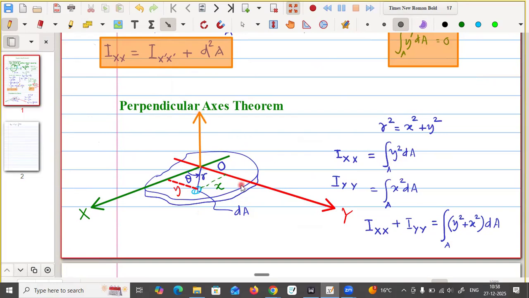Now, what is the distance of this element dA from this axis? That is nothing but r, the perpendicular distance.